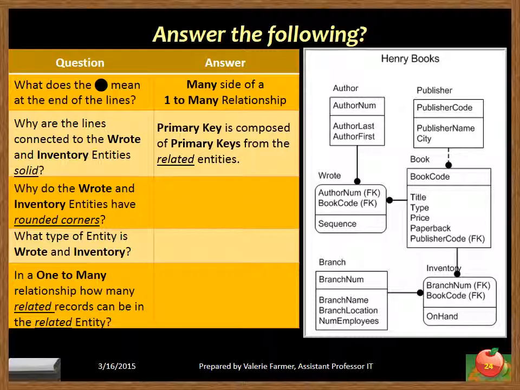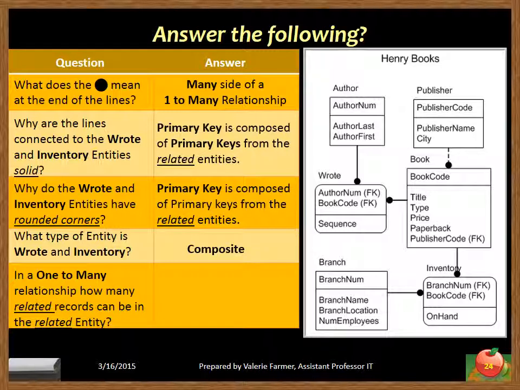Why do the wrote and inventory entities have rounded corners? The primary key is composed of primary keys from the related entities. What type of entity is wrote and inventory? It is a composite entity.